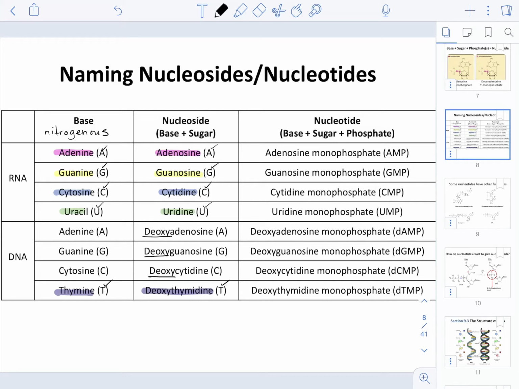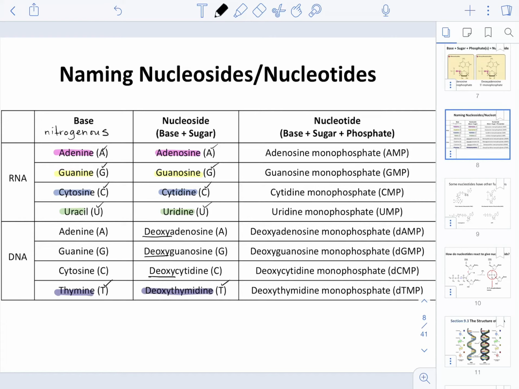Now, when it comes to nucleotides, the difference between the names in nucleotides versus nucleosides is that at the end of the name, we're going to add how many phosphates we have in those structures. As you can see in the table on the 4th column, we have only monophosphates.